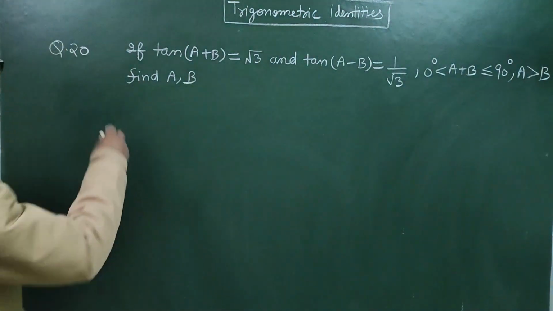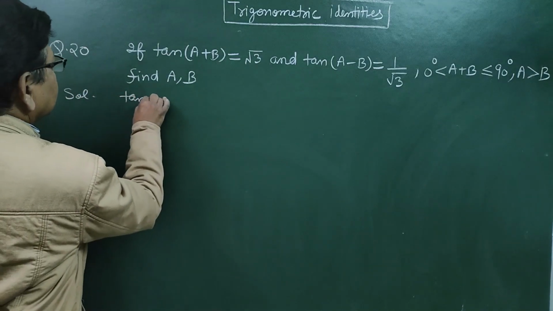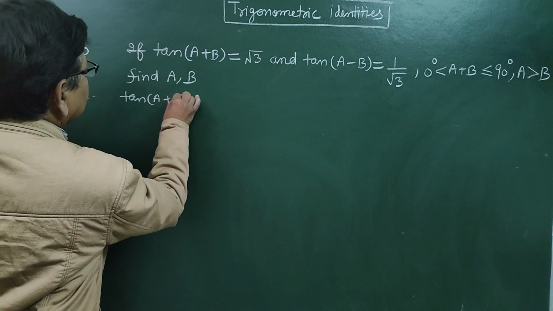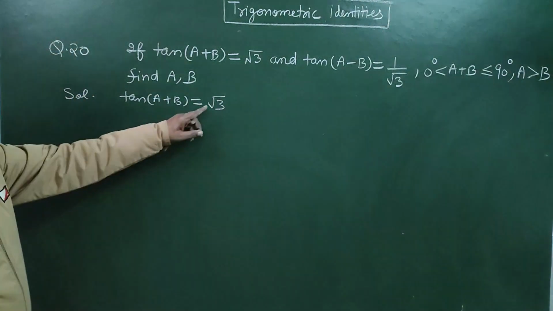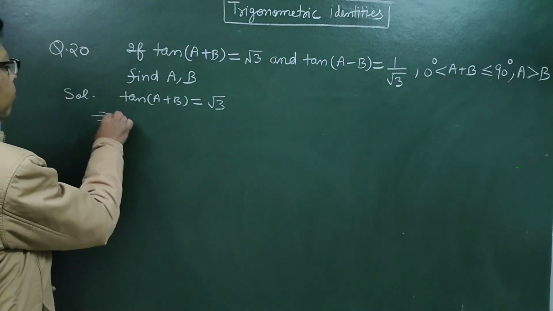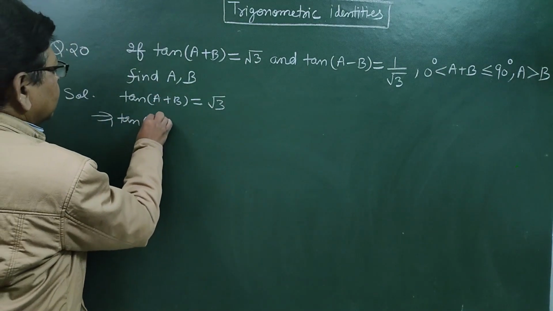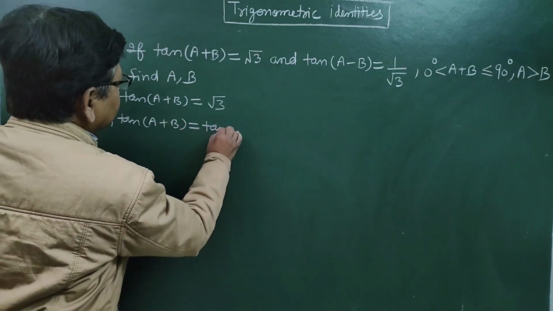So in this question, tan of (a plus b) is under root 3. Now which angle has the value under root 3? Tan 60 degree is equal to root 3.